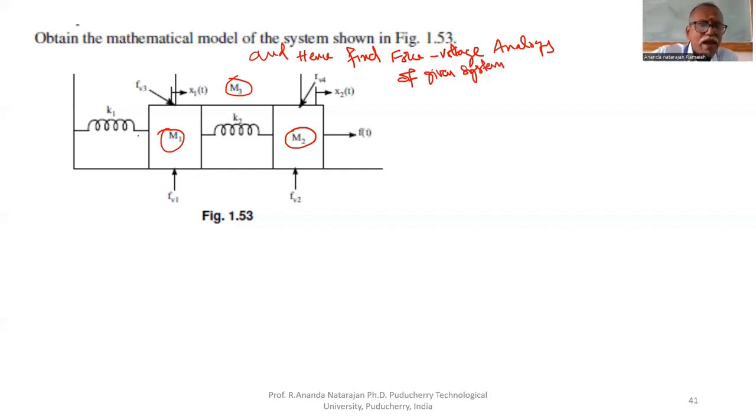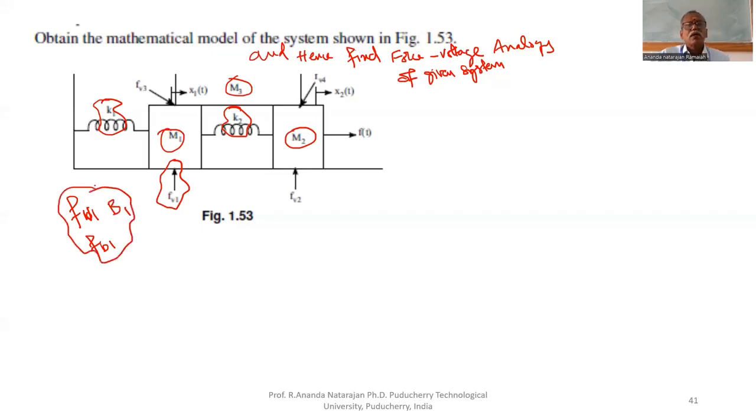Here, what are the forces acting on M1? Because of K1, because of K2, and FV1, or simply B1. These are all dashpot coefficients, frictional coefficients.